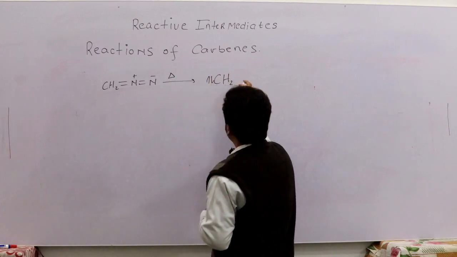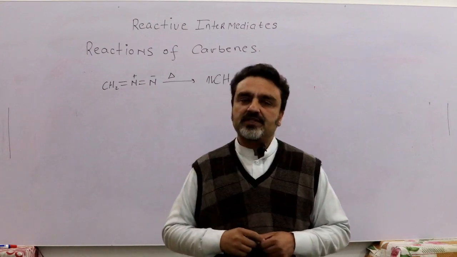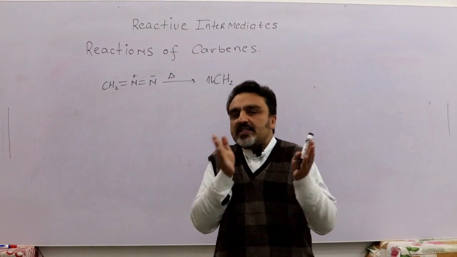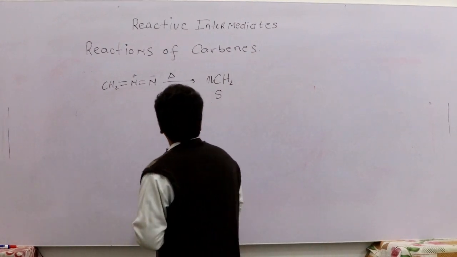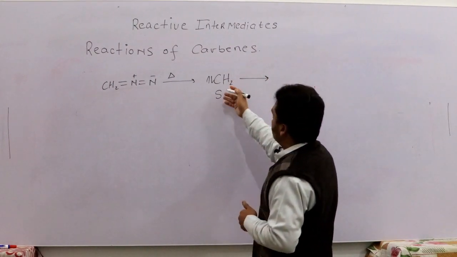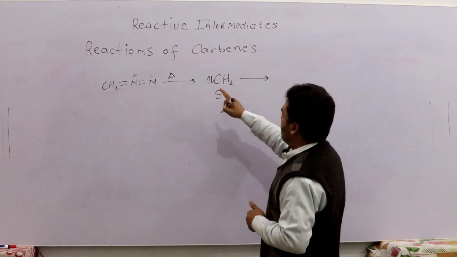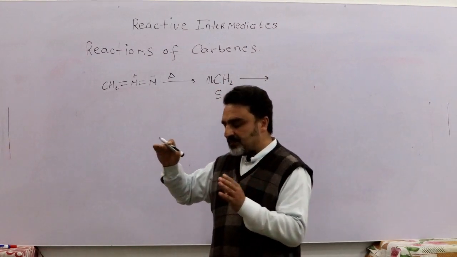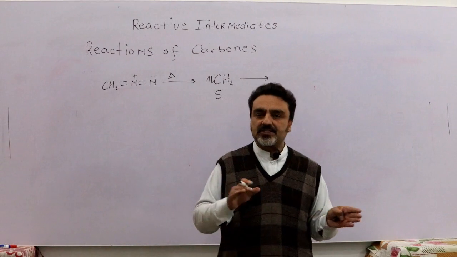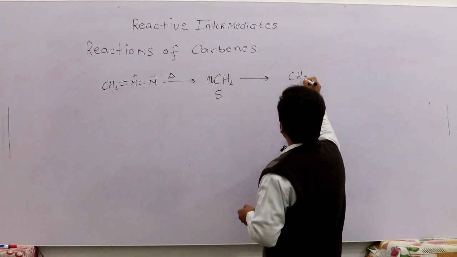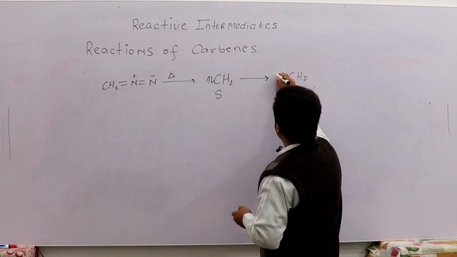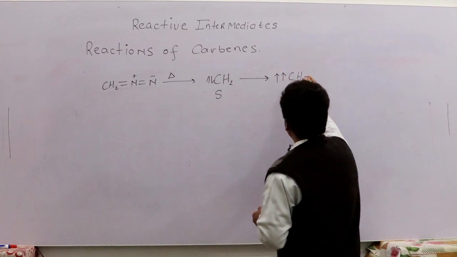But as this carbene is produced, the spin should be conserved, and it should be first in a singlet state. Let me write it. And after a while, it will achieve its stabilized state, which is the triplet state.